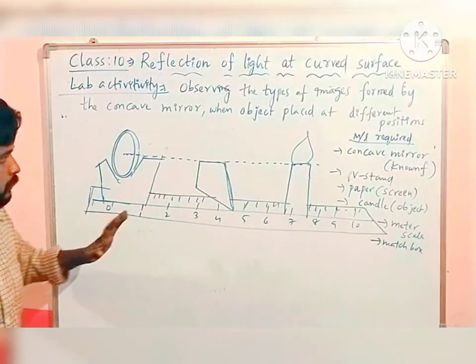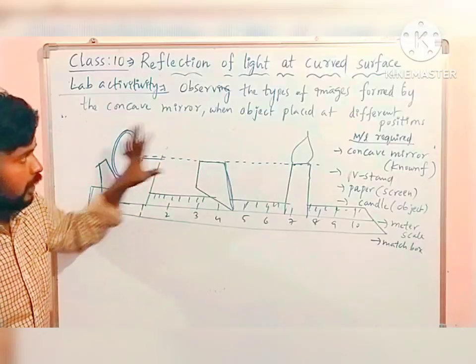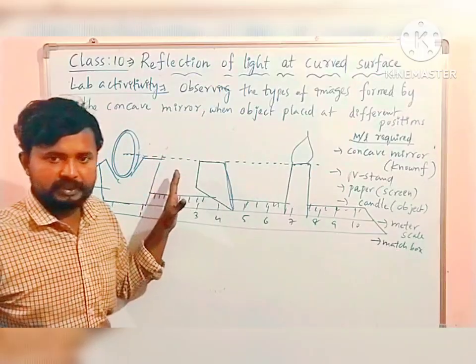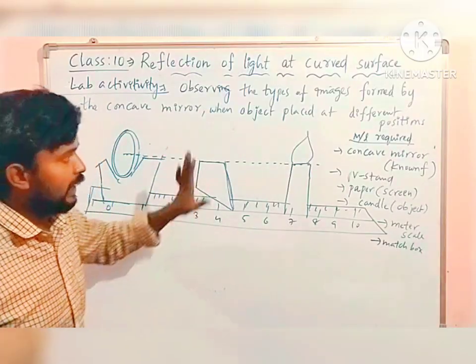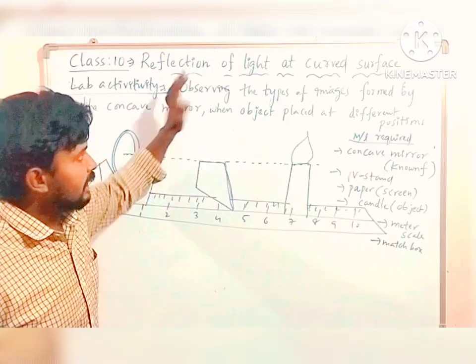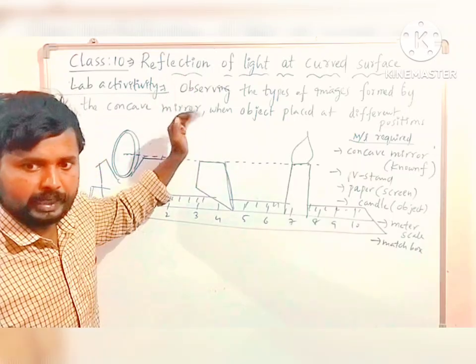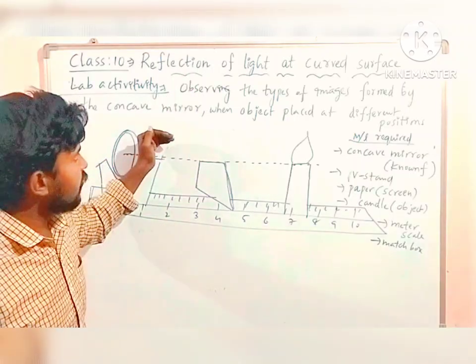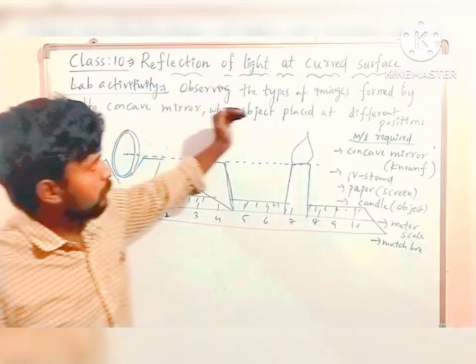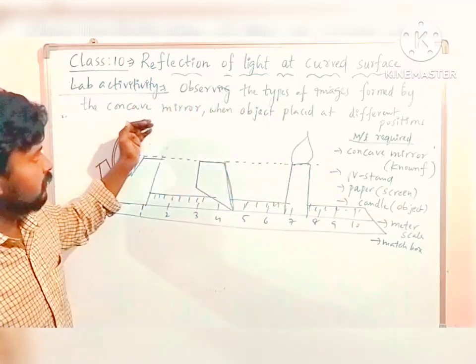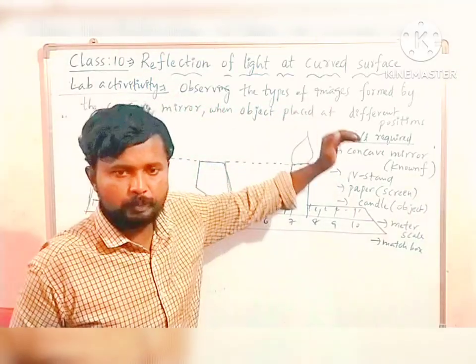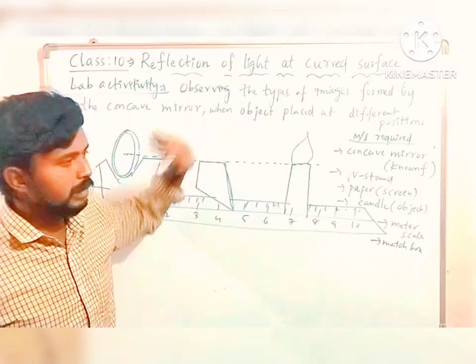So what is the aim? If they ask a long question or lab activity, the first thing you have to write is the aim. The aim is observing the types of images formed by the concave mirror when the object is placed at different positions. That is the aim you have to write.